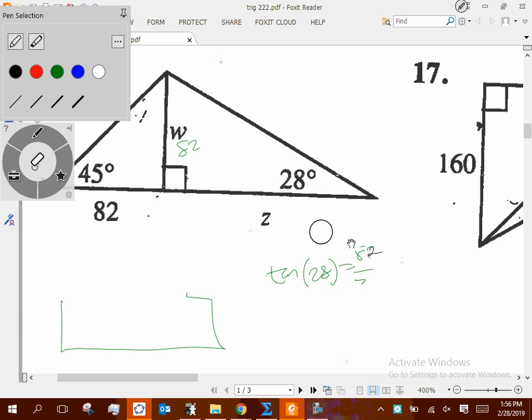The issue that I've had in the past is that occasionally somebody will write the correct relationship here, know they can't solve it, then erase it, go somewhere else in the problem, start working through the problem, finding like that 82, but then when they want to start solving for Z, they can't come up with that equation that they initially had.